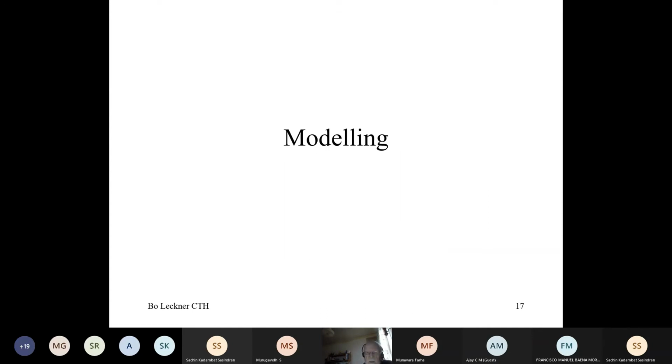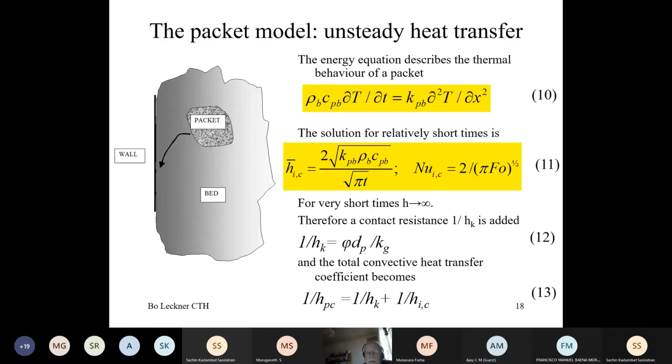And that leads us to the very famous model of heat transfer in bubbling beds, and that is called the packet model. And it's actually unsteady heat transfer of a packet of particles that is moved onto the heat transfer surface. It remains there for some time, and then it disappears. While it remains there, it loses its temperature to the wall. So it is a transient heat transfer to this packet, which is considered as some kind of unit.